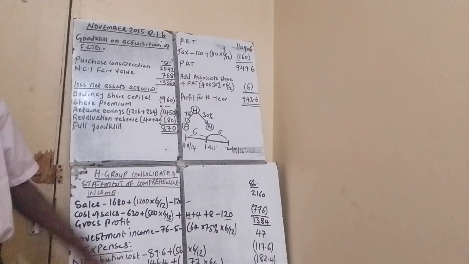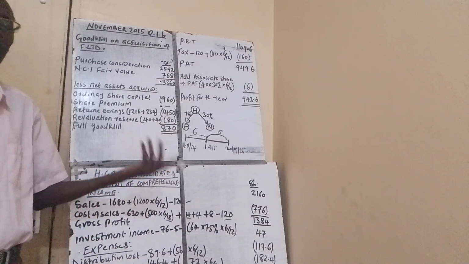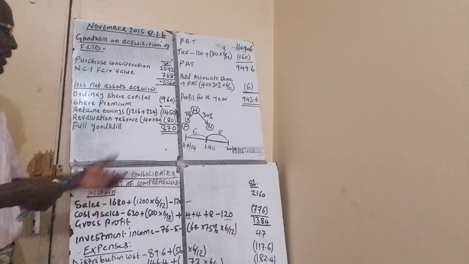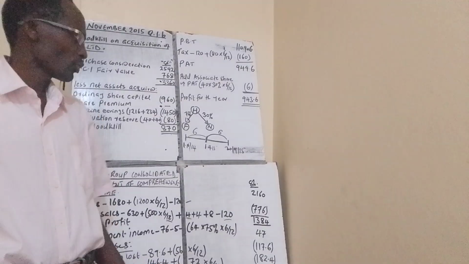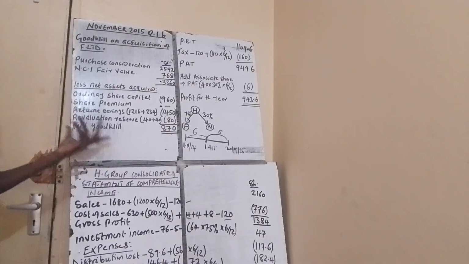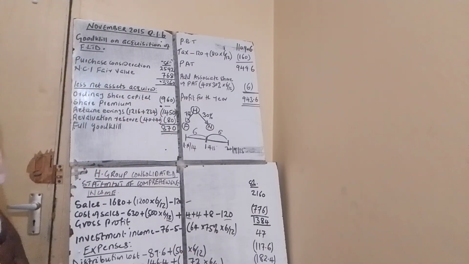But if there is need to show what portion goes to the NCI and what portion goes to the parent, then it is again possible to do that. But for the sake of this question, that was not the case. They just wanted us to show the goodwill using the full consolidation method as the question demanded.